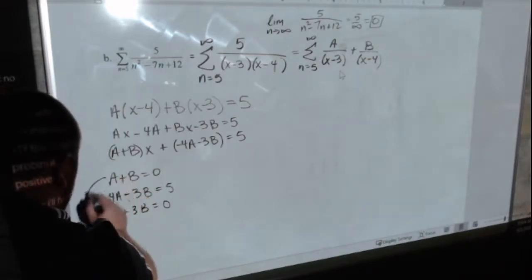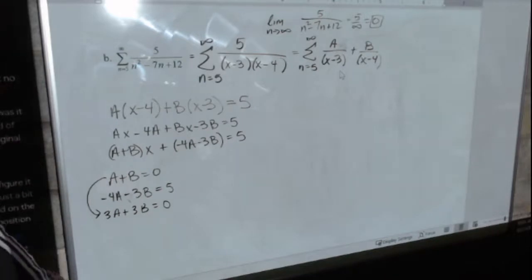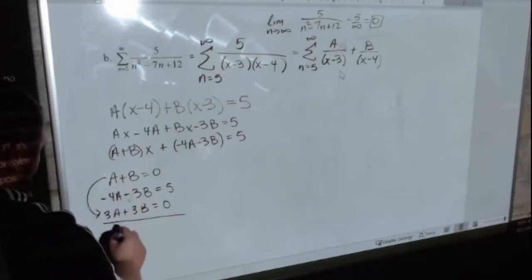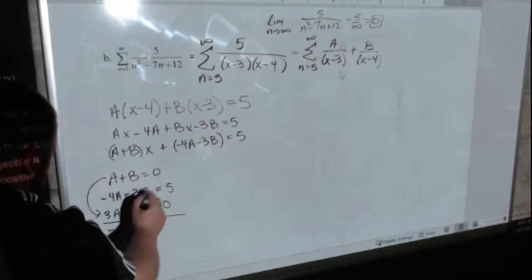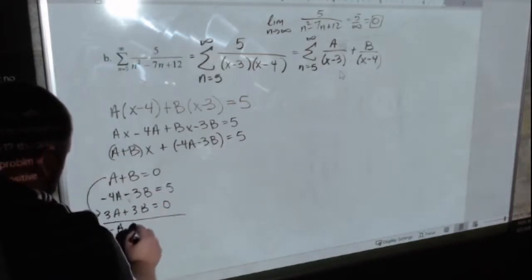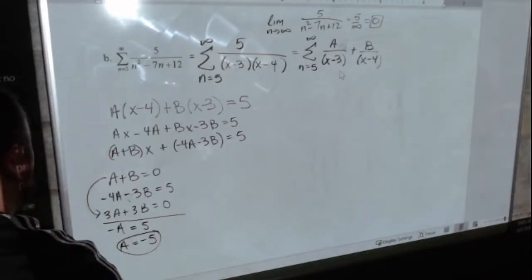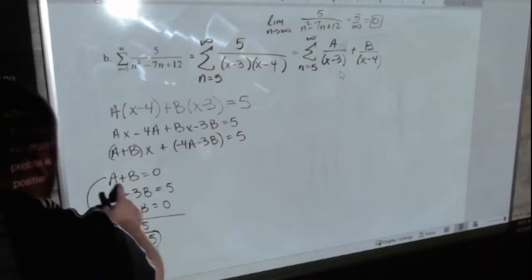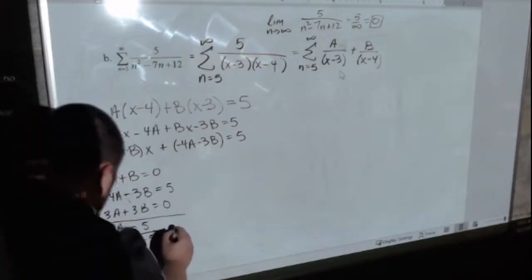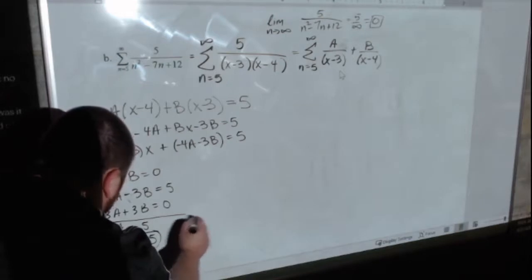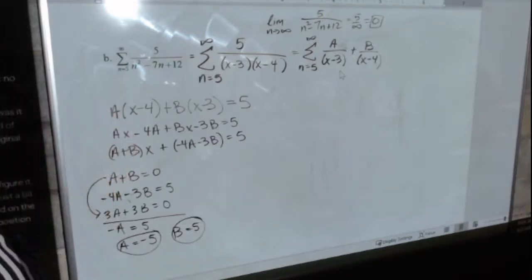And then adding these two, I would get minus a, the b's would cancel, and I would get 5, which means a equals negative 5. And if a is negative 5 and a plus b must be 0, b has to be positive 5. So now I'm going to take those, plug them in over here.